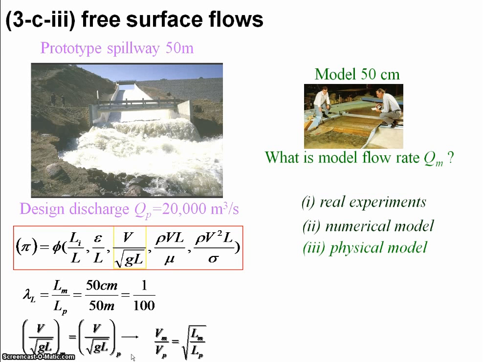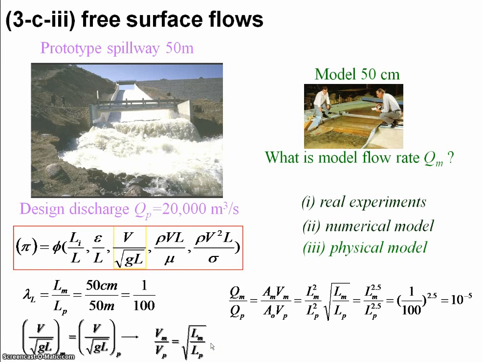So in other words, we can write the velocity of the model divided by the velocity of the prototype equal to this relationship. Because our interest is, are we able to estimate QM based upon the similitude between the model, which is what we want to know, and the prototype, which is given? Based upon this simple relationship, we get QM equal to AM VM.